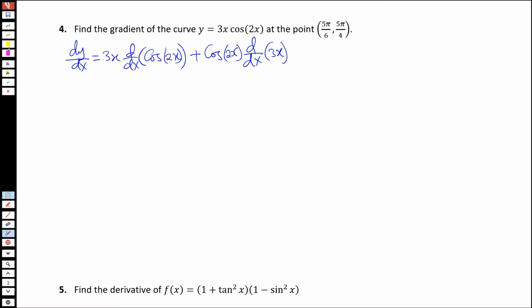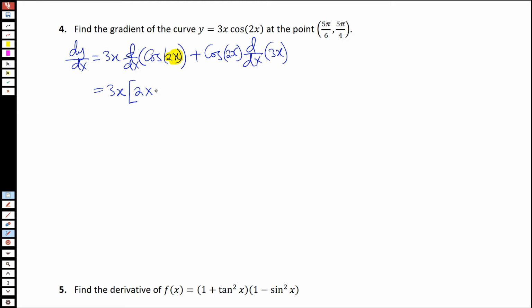Now, if you notice here, you can see that we have a function inside the other function, which implies that we shall apply chain rule when we differentiate this portion. So dy over dx here will be equal to 3x multiplied by, now the derivative of inside, which is derivative of 2x, will be 2.